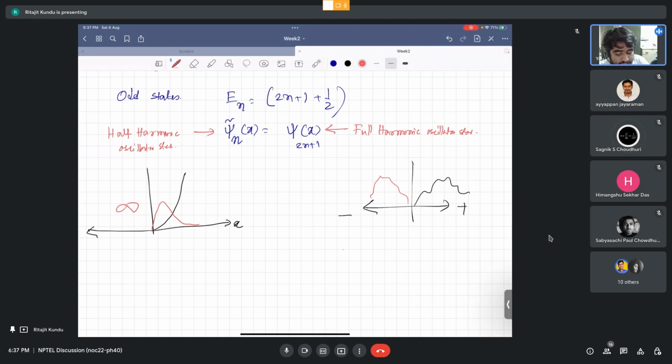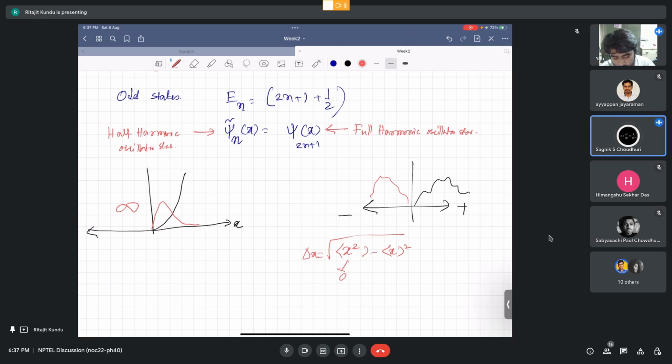Because x square is related to this: x square average minus x average square is your sigma x, your delta x. And Heisenberg's uncertainty principle will prevent you from making these things 0. So x square average for a symmetric case also will not be 0, and here it will not be 0 because there is no parity in the system. You can just argue from that. Is that clear?